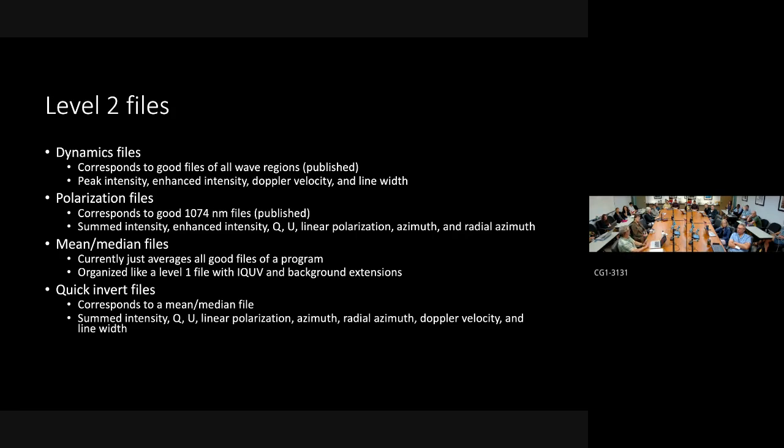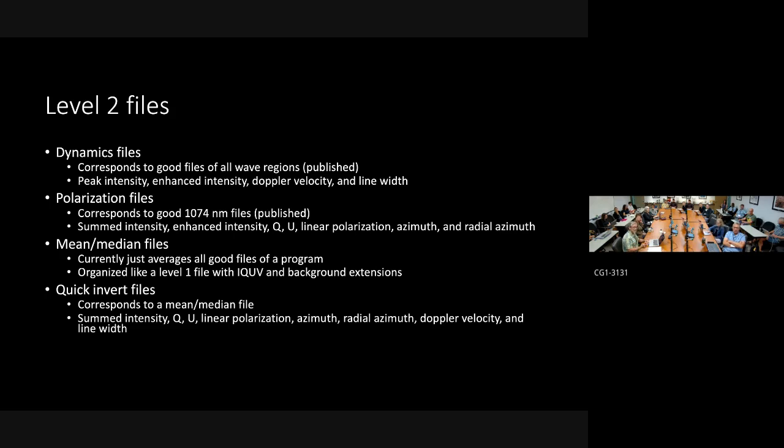Right now, there's one flavor of level 1 data, basically IQUV. For the level 2, there's several different flavors of FITS files. So there's the so-called dynamics files that are intensity based, right? And they have a peak intensity from this so-called Gaussian fit, which we'll talk more about later as well.